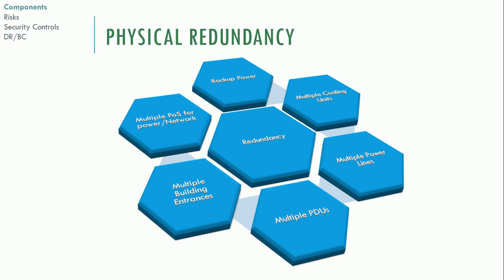So there are ways to get backup power, but typically you're not going to have multiple utilities servicing a data center unless you're in a unique area. That's not very typical. So you might have to make your own electricity or have a backup plan to provide some electricity. Multiple building entrances, multiple PDUs, multiple points of service for power and network, and so forth.